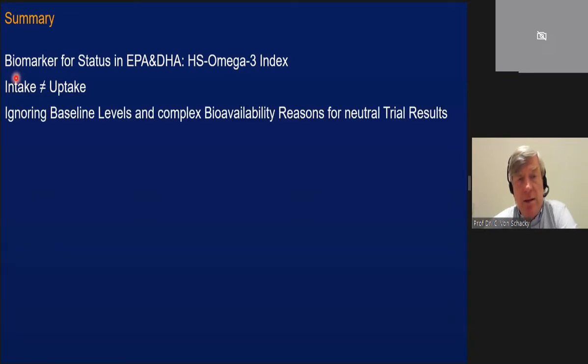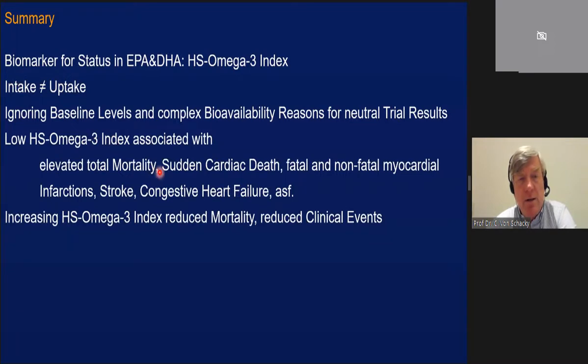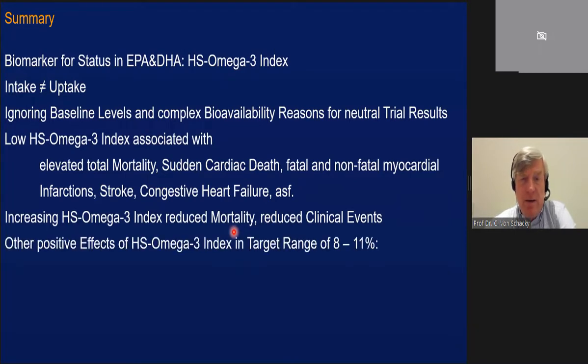Ignoring baseline levels and the complex bioavailability of omega-3s was responsible for many neutral trial results. The low omega-3 index is associated with elevated total mortality, sudden cardiac death, fatal and non-fatal myocardial infarction, stroke, congestive heart failure, and so on and so forth. And increasing the omega-3 index reduces mortality and reduces these clinical events.